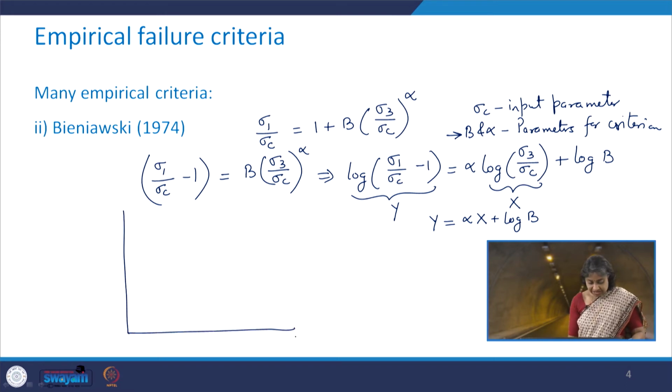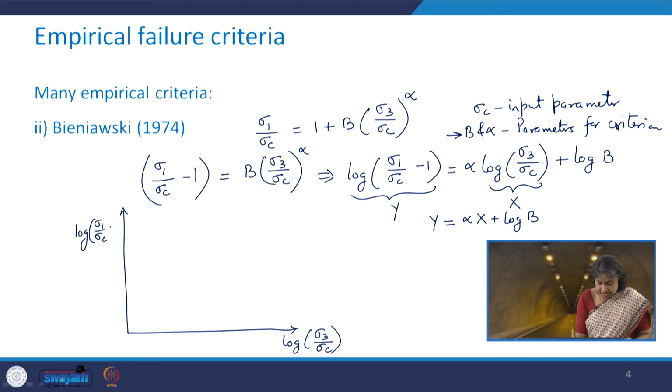On x axis I will plot log of sigma 3 upon sigma c, and on y axis I will plot log of (sigma 1 minus sigma c)/sigma c, and say I get maybe some of these points, and then I would like to fit a straight line like this.